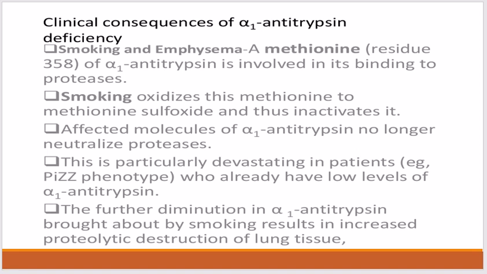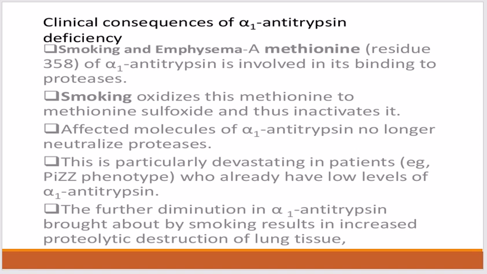Smoking inactivates alpha 1 antitrypsin by oxidizing its methionine 358 residue. It inactivates alpha 1 antitrypsin so that it cannot bind to the protease, and there occurs proteolysis of the lung and the tissue develops emphysema.